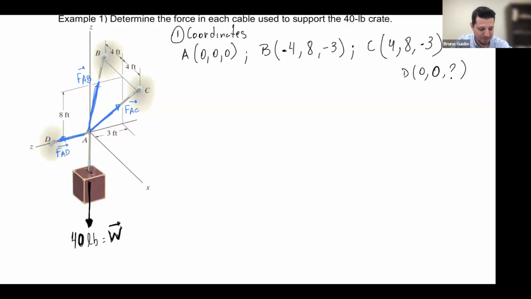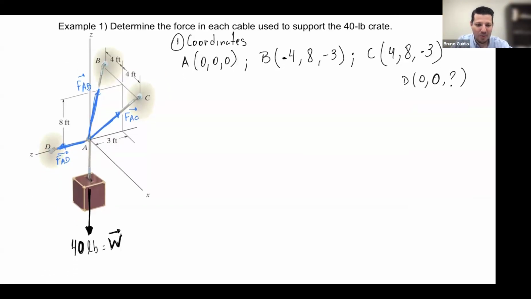FAD is going in the Z direction. What is the direction of W? Oh, sorry, just a second. This is Z, no, this is Y. What is the direction of W?